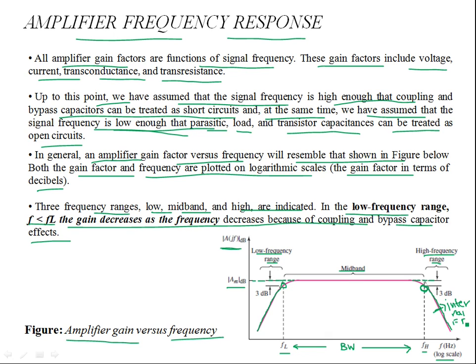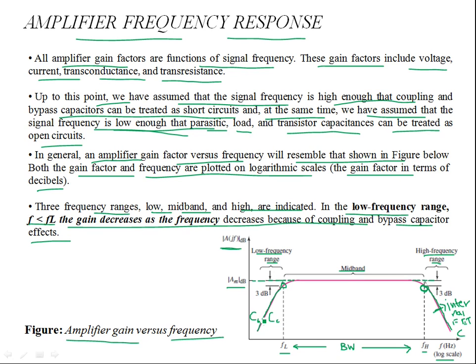And in the low frequency range, the capacitances causing the decrease in the gain are the bypass capacitors and the coupling capacitors, CC. These are the capacitors that are causing the decrease in the frequency response.